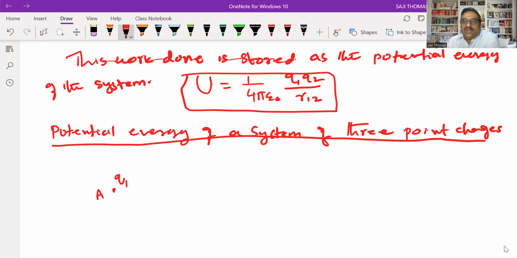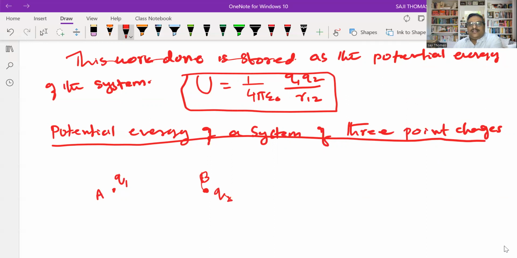Now I am bringing the charge Q2 from infinity to this point B. Now you have to do work because there is a force due to Q1. You have to do work against that force. That work done, you know the equation, is V1 into Q2.